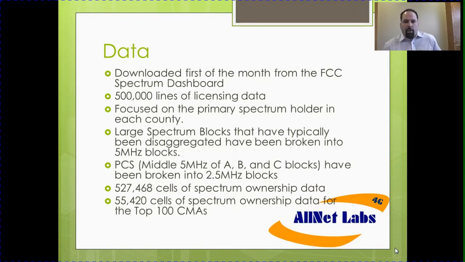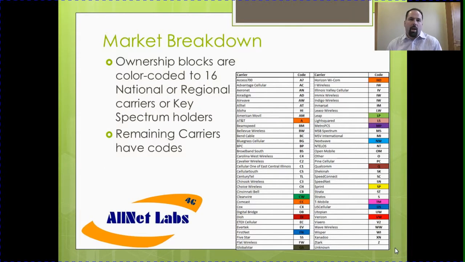As far as a legend for this spectrum ownership landscape, because again it's a very visual tool in one of the spreadsheets, we've color-coded and provided a code that represents any of the national, regional, or key spectrum holders.